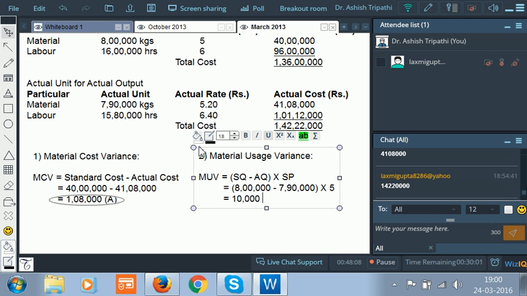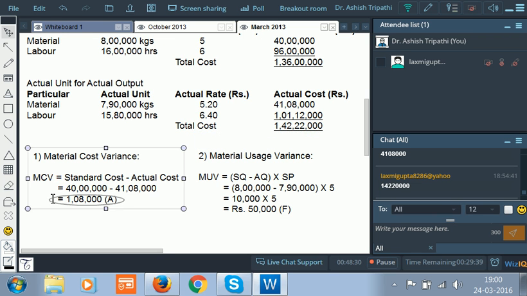So that is equal to 10,000 into 5, which will give you rupees 50,000, and this is positive, so we are saying favorable. Again, I forgot to write rupees here, so I am rectifying that.